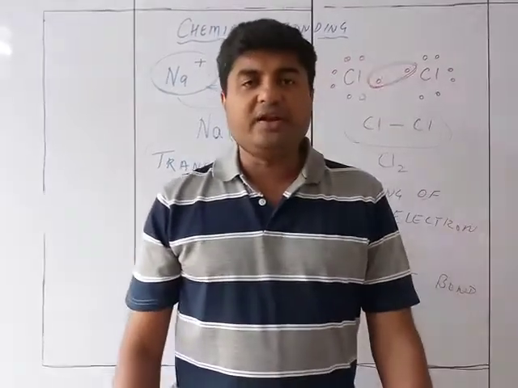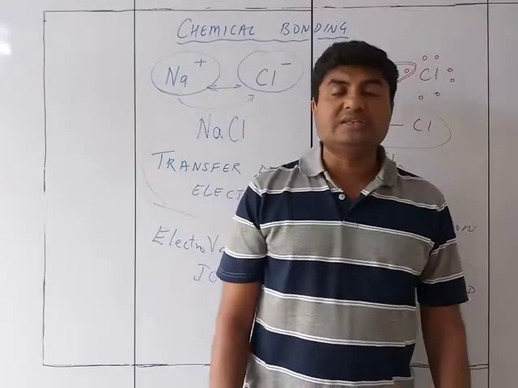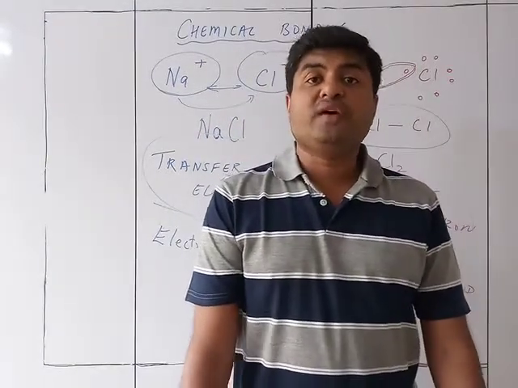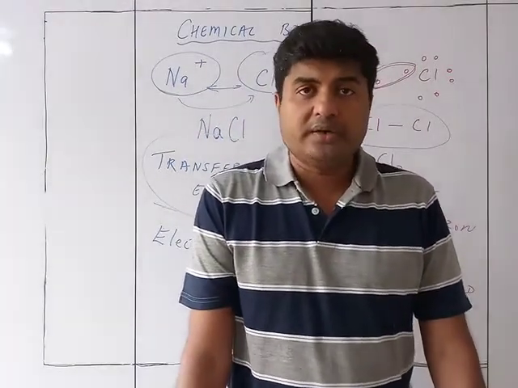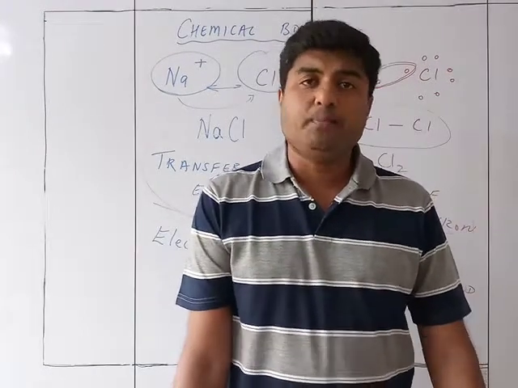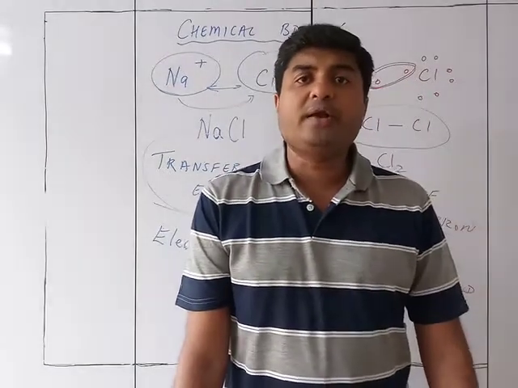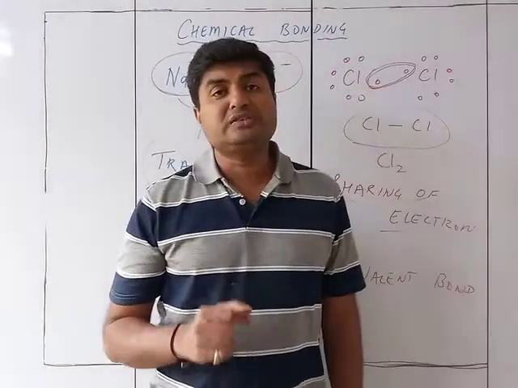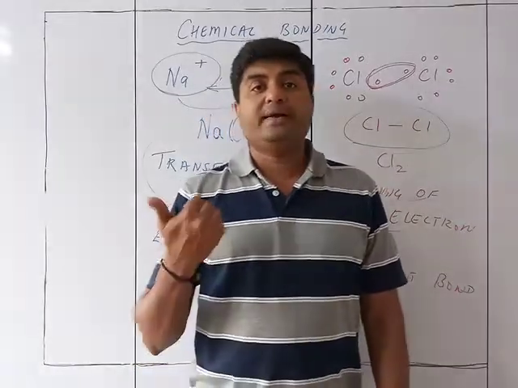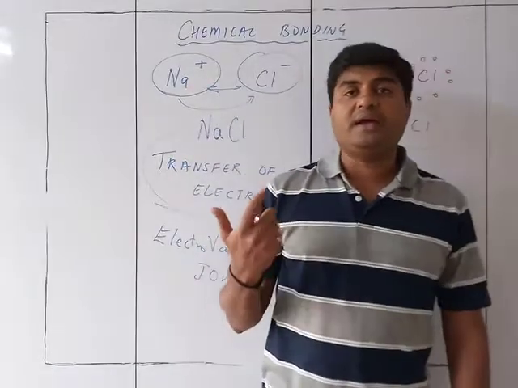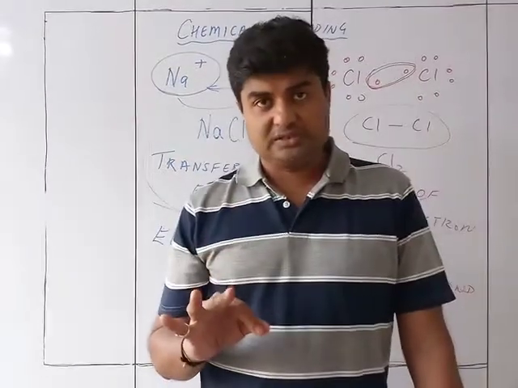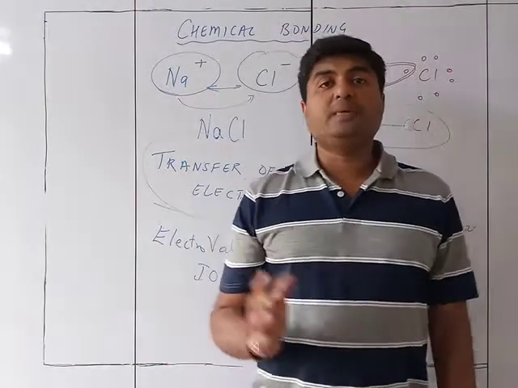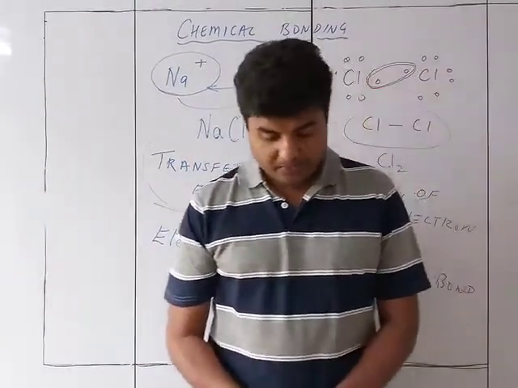So electron affinity, electronegativity and ionization potential, these are the three properties which are going to be very important in the formation of any bond. Because whenever bonding takes place, the bonding is going to be very much dependent on the ionization potential, electron affinity and electronegativity of that substance. Only then it is possible to have a stable molecule formation.